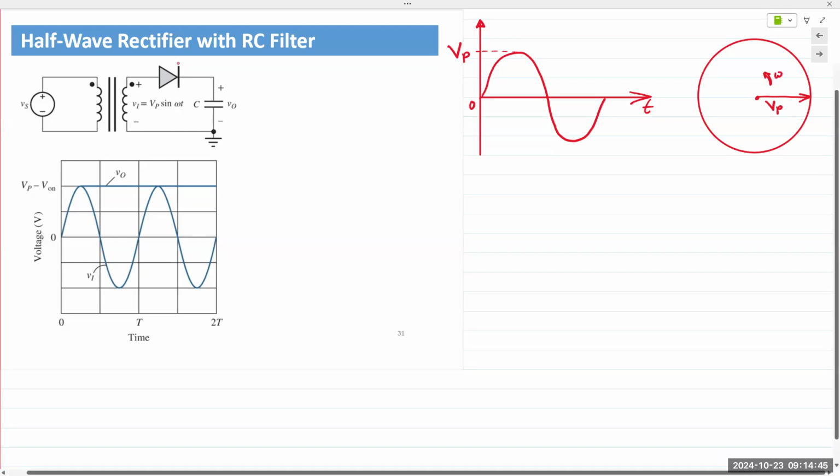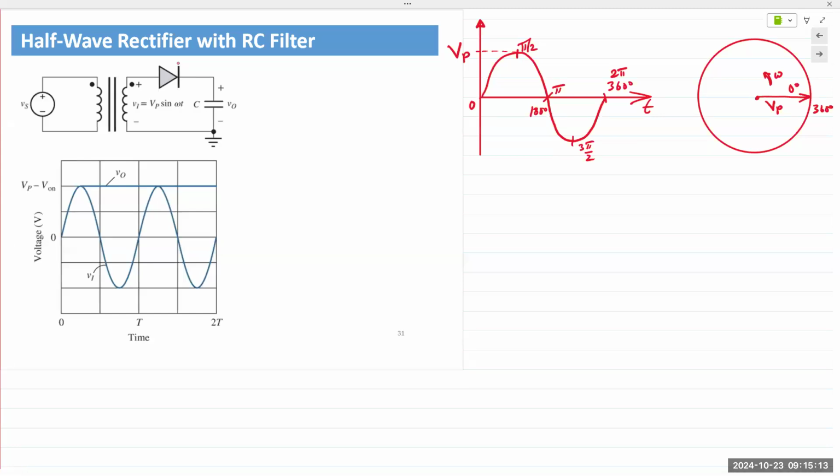It rotates with a speed of omega, 0 and 360 degrees. 360 degrees is here, which is also 2 pi radians. Here's pi, or 180 degrees, pi by 2, and 3 pi by 2. Look familiar? Hopefully, from circuits.